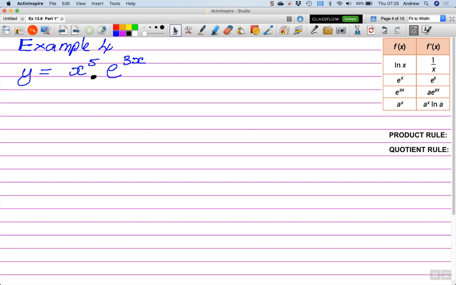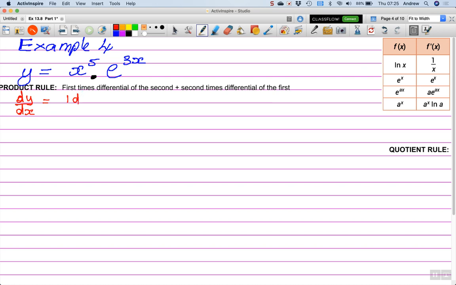And because you're recognizing it's the product rule, and this would be regarded as being quite a hard question, you would then write down your formula, dy/dx is equal to the first times the differential of the second plus the second times the differential of the first.